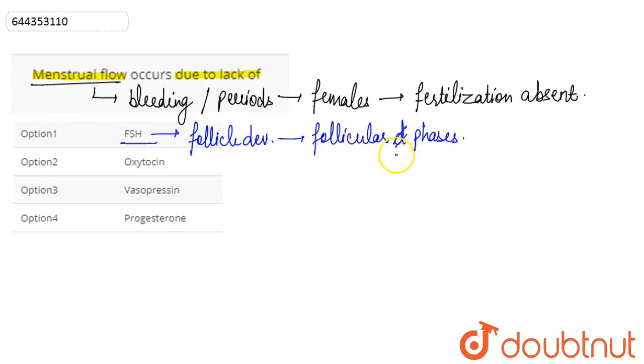So in the development of the follicles, the FSH hormone has a great role to play. It doesn't have a role in the menstrual phase, so this is the wrong option.